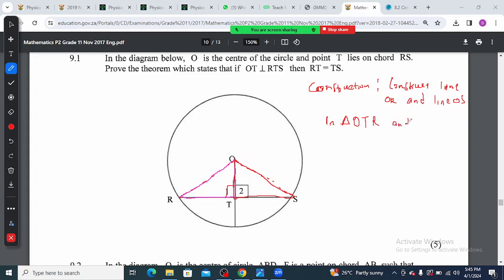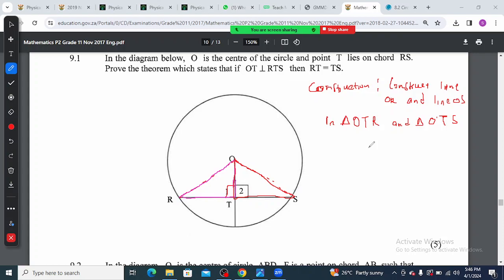In triangle OTS. Any question here? Now, in order to prove that two triangles are congruent, you need to have three reasons.